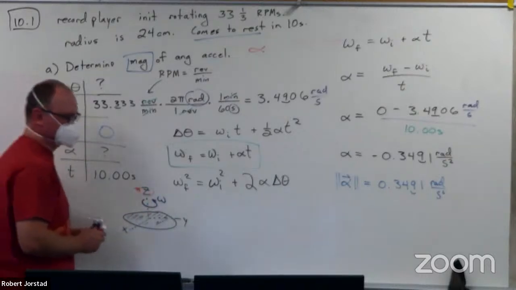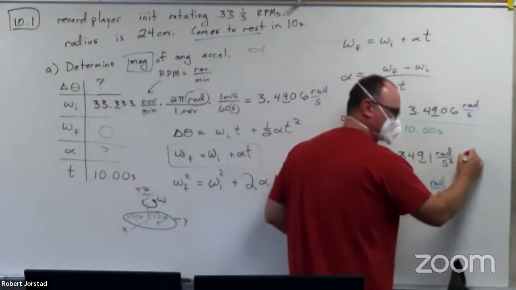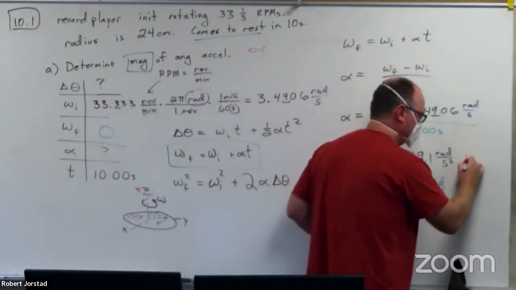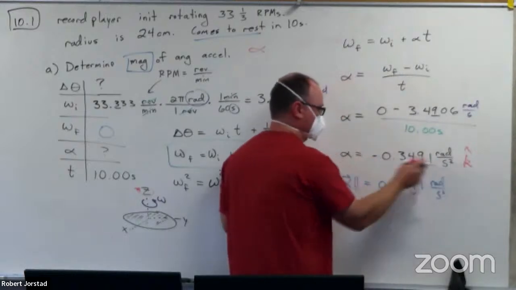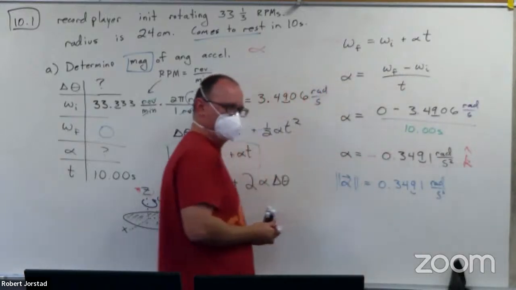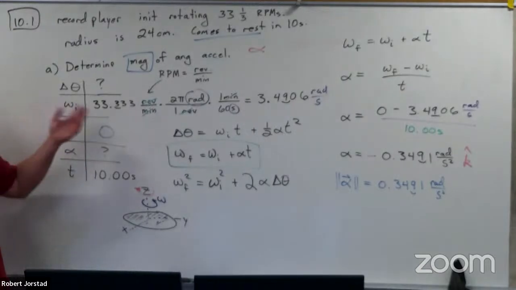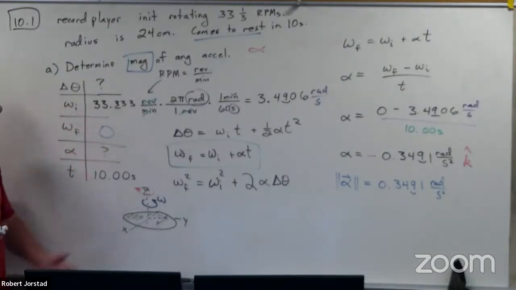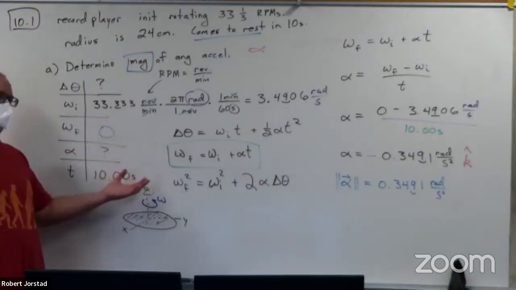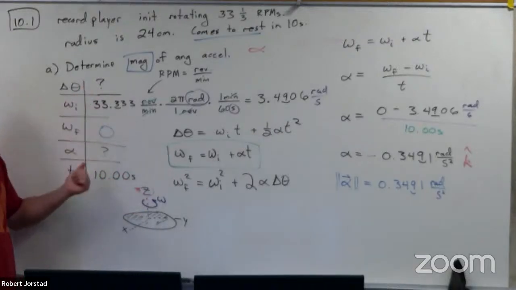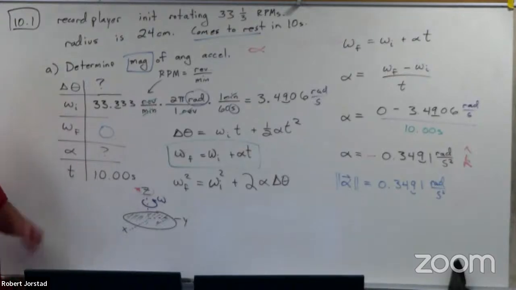So according to this, it would be negative, what unit vector? Yeah, negative k hat. Is that good? Yep. Now, because we were looking for the magnitude, we didn't need that. That's why I didn't really talk about it. That's an advantage of asking for magnitude on these questions: everybody can draw their coordinates however they want. Cool? Good.